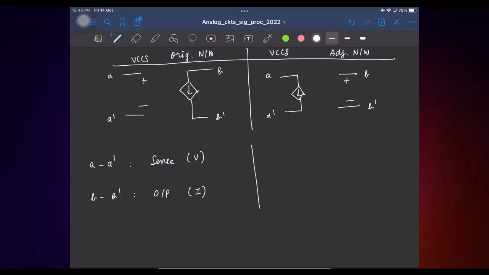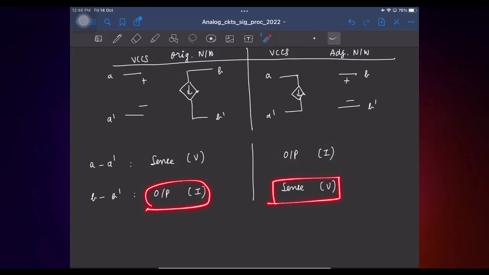So in the adjoint network, where are we sensing? In BB prime. This is basically the sensing branch, and we are sensing a voltage, and in AA prime we are outputting a current. Fine. In the original network, we are sensing a voltage; in the adjoint network, we are outputting a current. Both of them are flipped. Similarly, here we are outputting a current, but in the adjoint network, we are sensing a voltage, right?